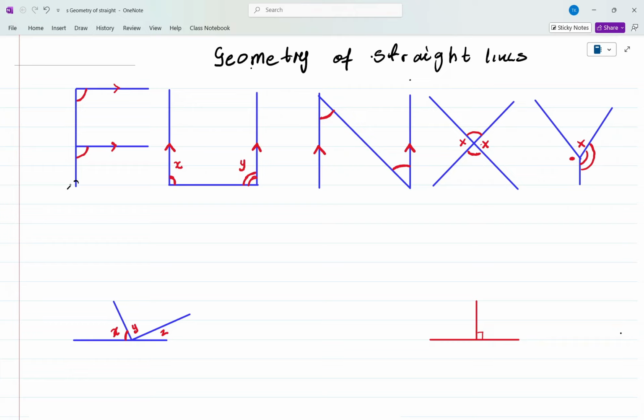The first one that you have here is going to be called corresponding angles. This one is going to be co-interior angles. This one will be alternating angles, and then this one is going to be vertically opposite angles.